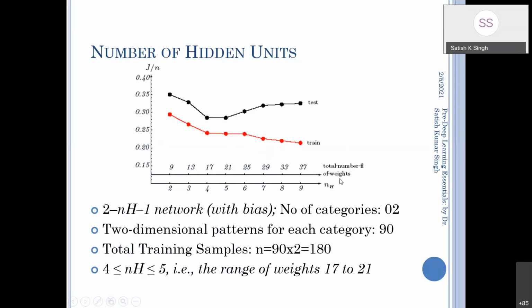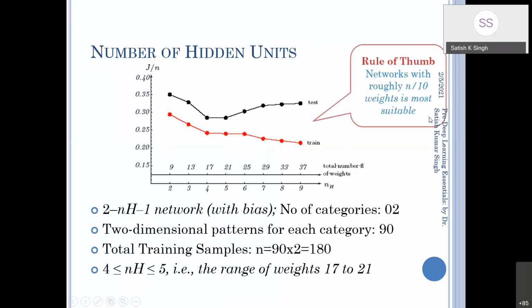So the total number of hidden units must be between 4 and 5, where the total number of weights is defined on the basis of these hidden units. So 17 to 21 parameters will need to be optimized for getting the best performance in this case.